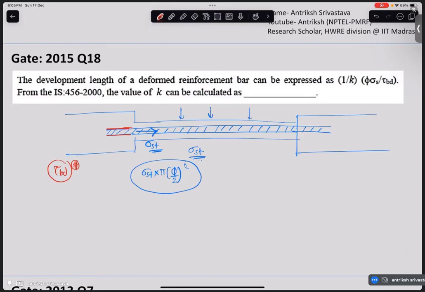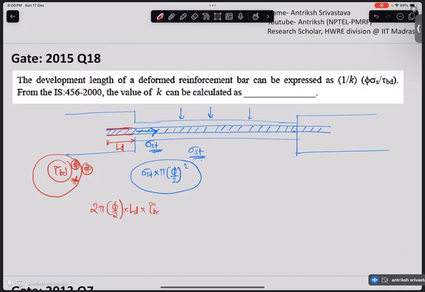All right, and this acts on the surface of the development length that we have provided. So if this is the development length, then what is the surface area? It is 2 pi r into Ld. This is the surface area, and this is the kind of shear strength, or you can say the bonding strength, that is being provided between the concrete and the reinforcement.